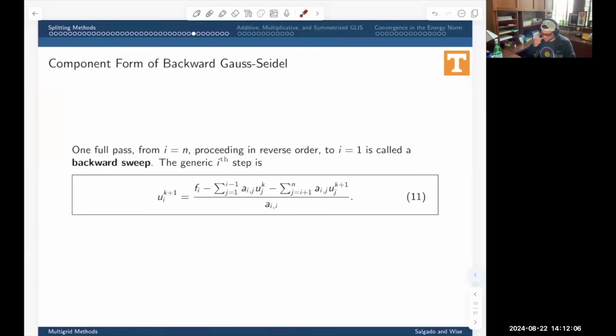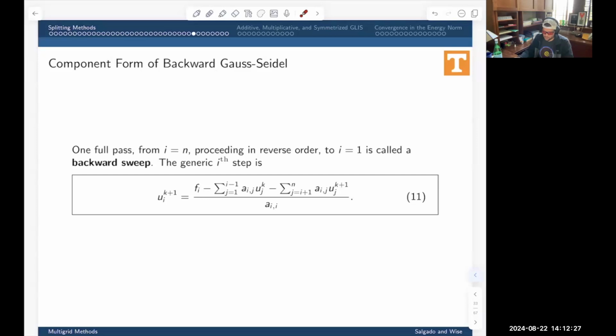And so the component form of the backward Gauss-Seidel method is nearly the same as the forward one, except that I have to go in backwards order or reverse order. And this backward order is what we call a backward sweep. That's in the multigrid terminology. It's called a backward sweep of the grid.